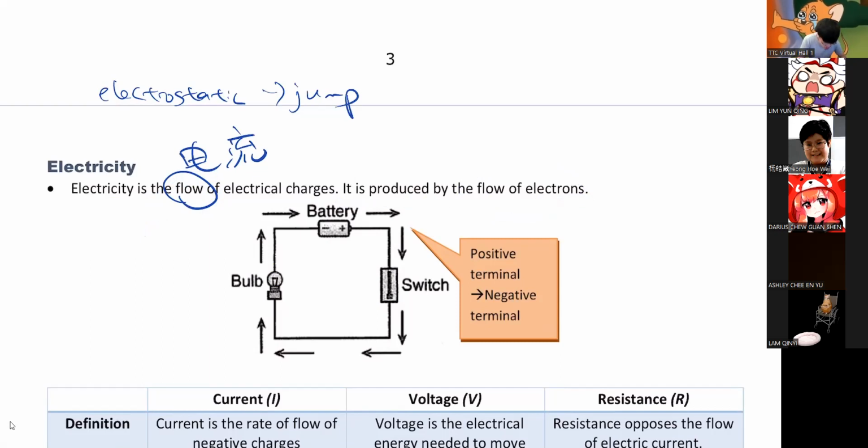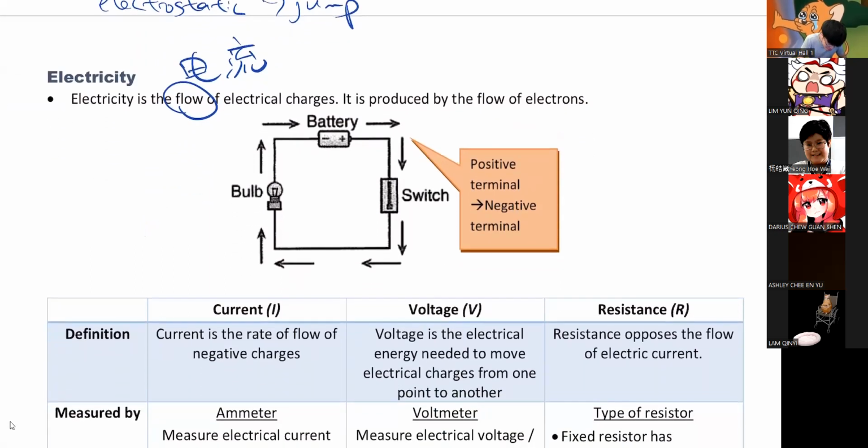So I want you to think of electricity as a river. Electricity is a river. Instead of having water flowing, now you have electrons flowing. It's like you are standing at a stadium, you look down, and you see at the entrance people keep coming out from the stadium.